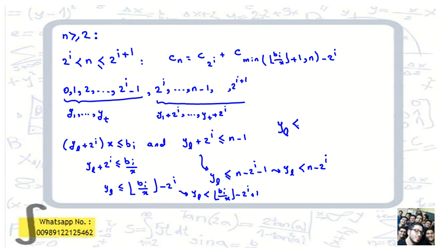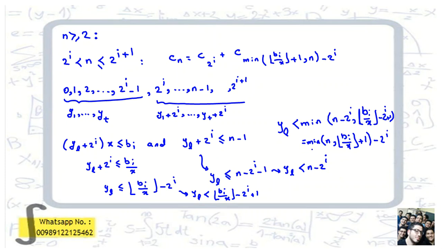So yl must be less than the minimum of n minus 2 to the I and floor of bi over x minus 2 to the I plus 1. And we can write the minimum of n and floor of bi over x, plus 1, minus 2 to the I, because minus 2 to the I was common for these two terms.